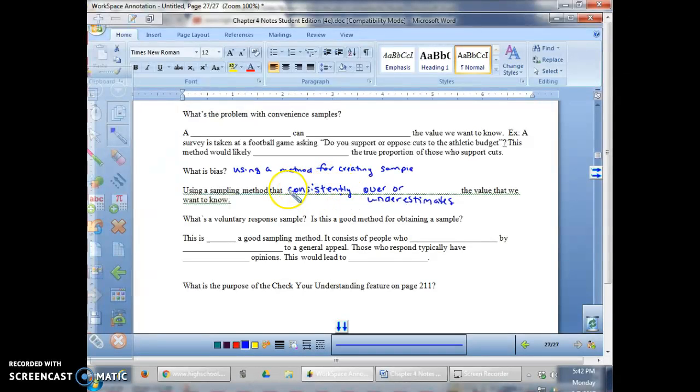And it's sort of like a systematic error, like it systematically does it over and over and over, the way that you're designing the sample.